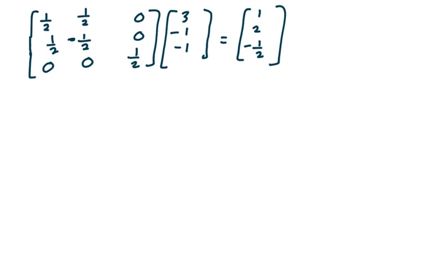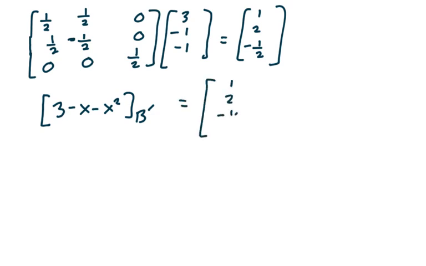And when I do that, I get the coordinate vector 1, 2, negative a half. And so what that tells me is the coordinate vector of 3 minus x squared relative to B prime is 1, 2, negative a half.